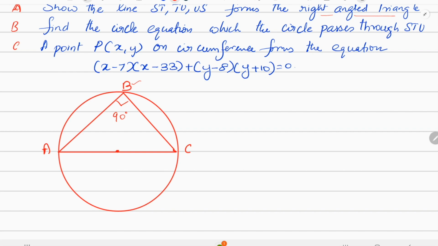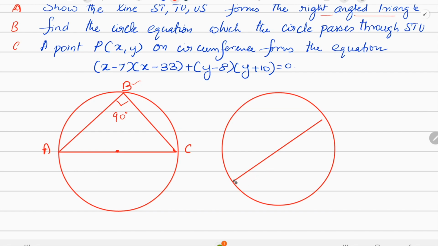Okay, let us take another one. For example, suppose I draw a diameter. Okay, this is the diameter. I draw one triangle from here. Now you see this one will be 90 degree.